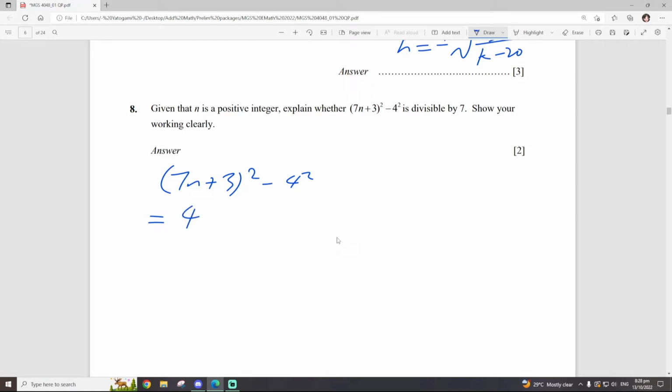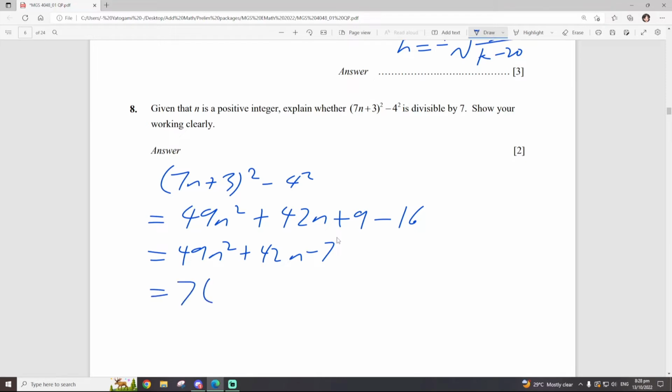So this is 49n squared plus 2 times this times that, so 42n plus 9, minus 4 squared is 16. This is 49n squared plus 42n minus 7. And I think you can see where this is going. You can factor out a 7 here. So this is 7 times (7n squared plus 6n minus 1).